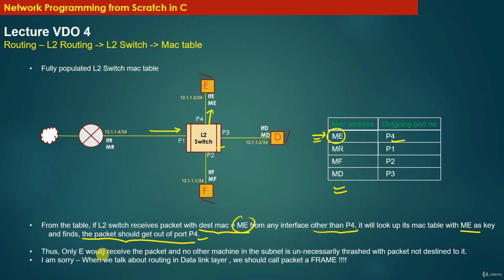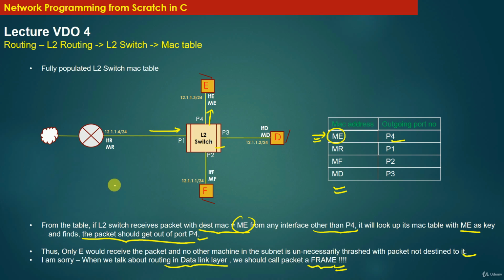Thus only E would receive the packet and no other machine in the subnet will be unnecessarily thrashed with a packet which is not destined to it. I apologize, when we talk about routing in the data link layer, we should call a packet a frame. Remember, a data unit which is being transmitted over a wire using L2 routing is referred to as a frame. In this topology, the L2 switch makes use of its MAC address table in order to know on which outgoing port number it should forward the frame.